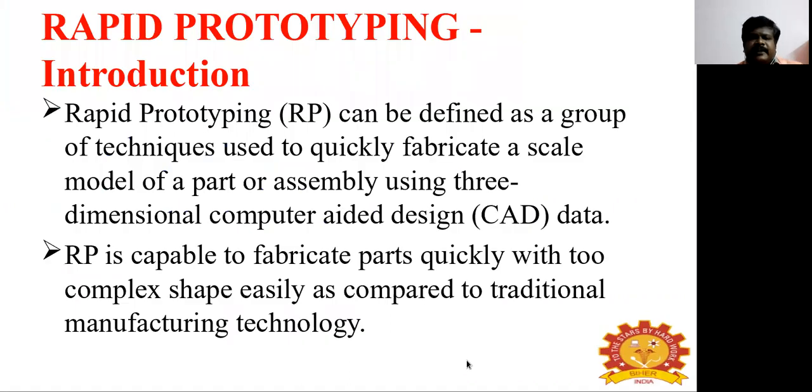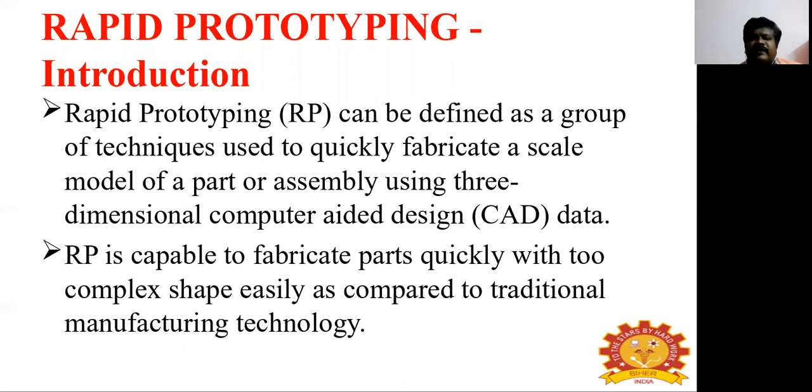Rapid prototyping introduction. First of all, rapid prototyping we can define as the group of techniques which is being used for quickly fabricating a scale model of any part or assembly using the three-dimensional computer-aided design data, or we can also term that as the CAD data.